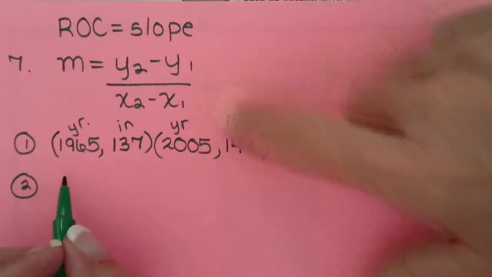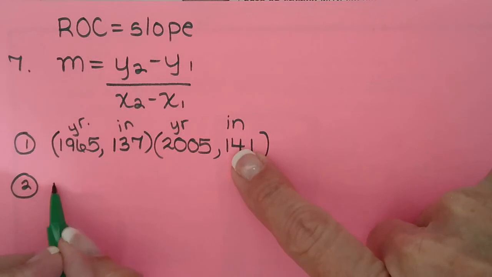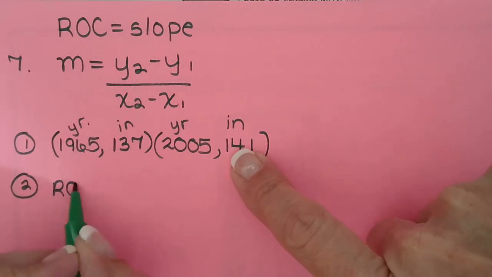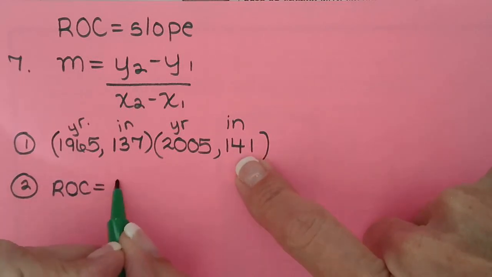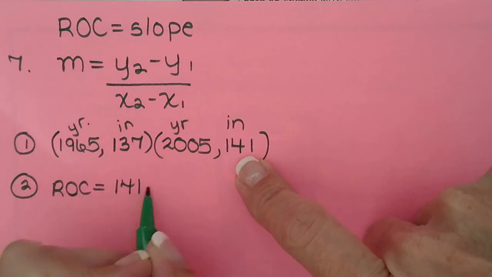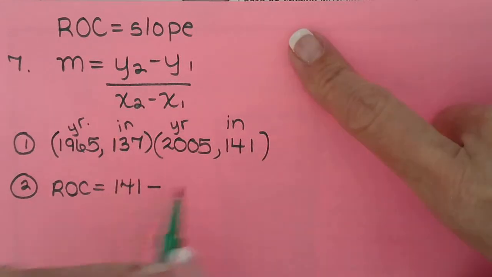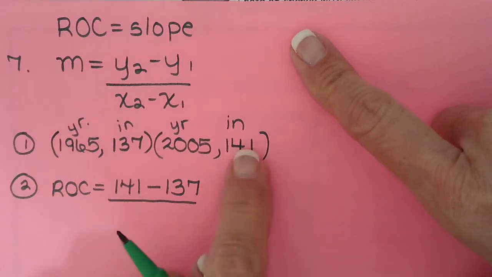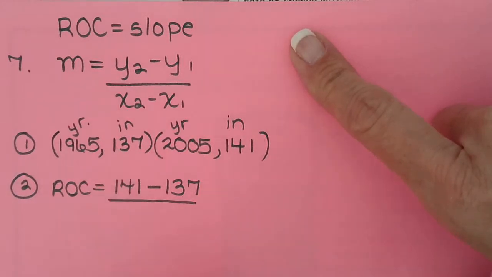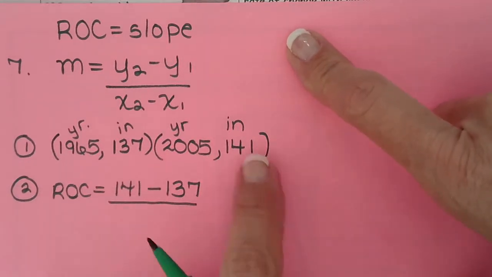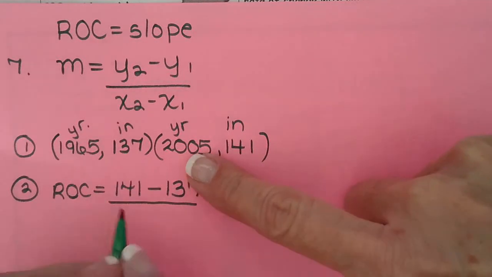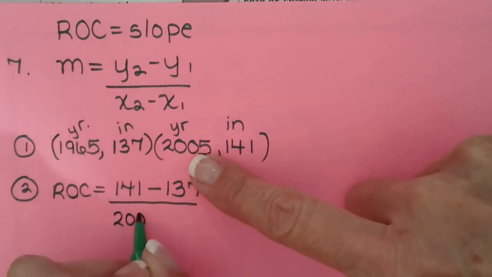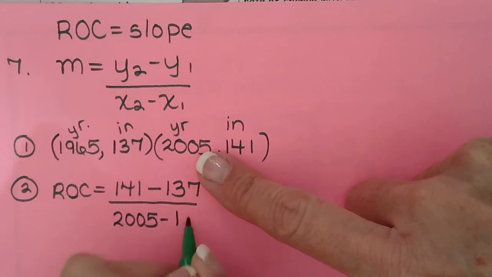So we do second y. So let's call this rate of change. Second y, 141, minus the first y, 137. Remember how slope starts with the y's? Because we're used to always doing everything alphabetically, but slope starts with y's. And then second x minus the first x.